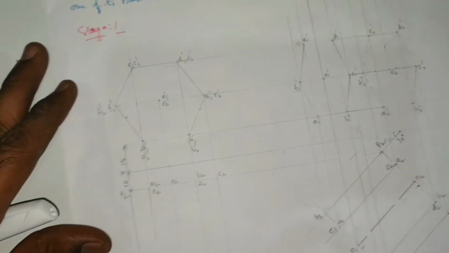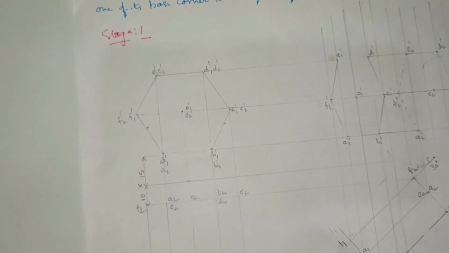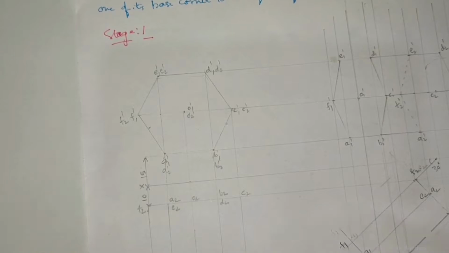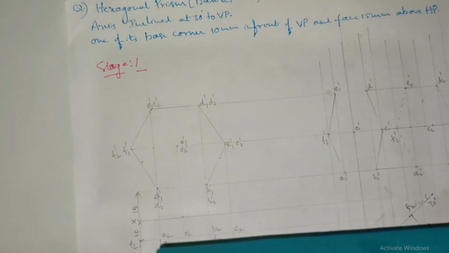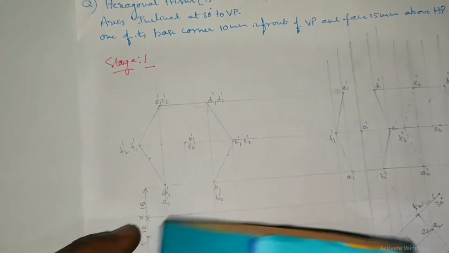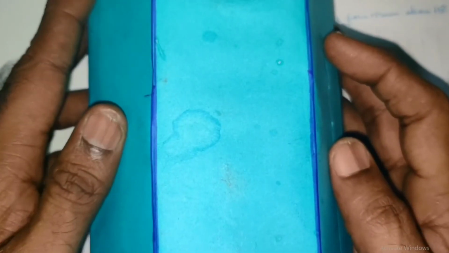In stage 1, we consider that the prism is resting on the horizontal plane in this way.